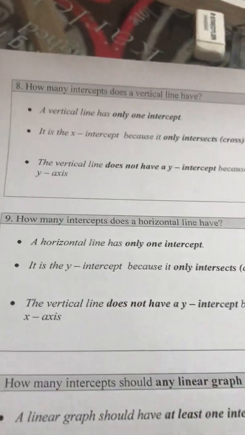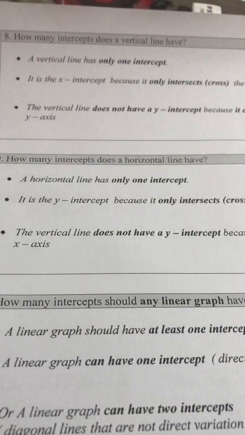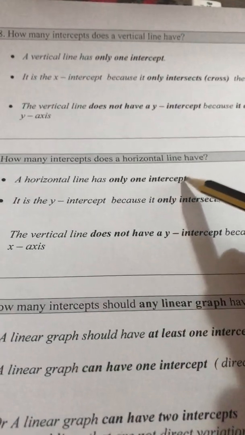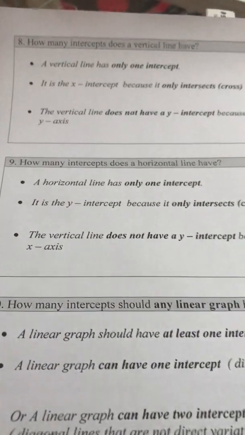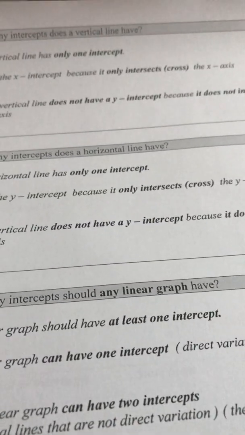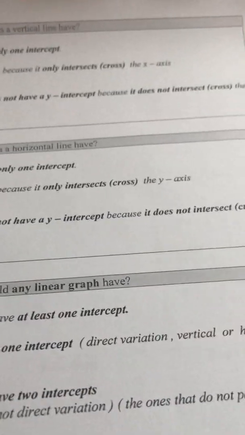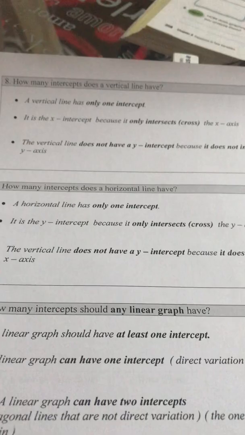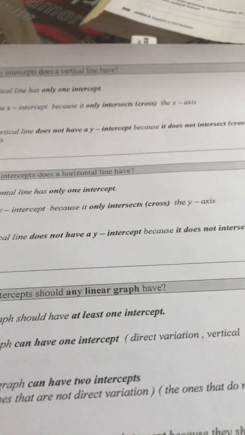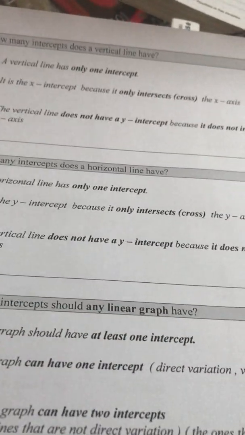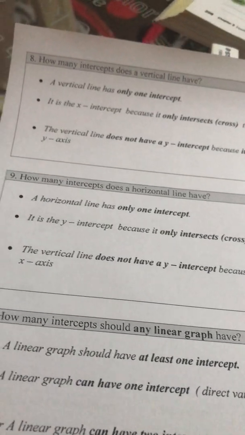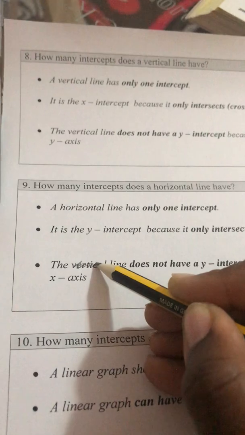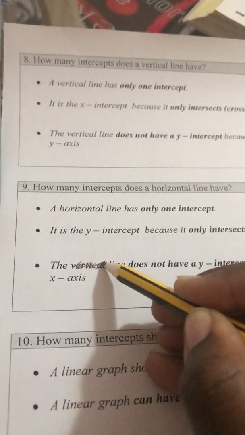We come here. How many intercepts does the horizontal line have? A horizontal line has only one intercept. It is the y-intercept because it only intersects the y-axis. Sorry, this is supposed to be the horizontal line. I forgot to change it.